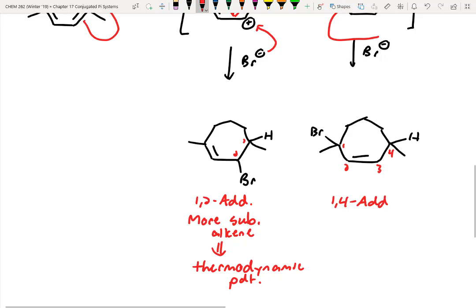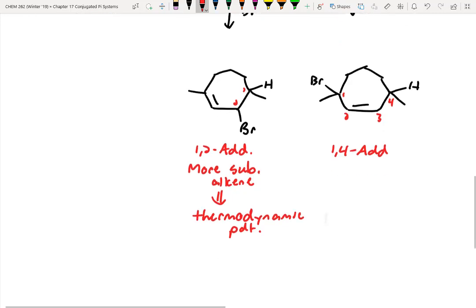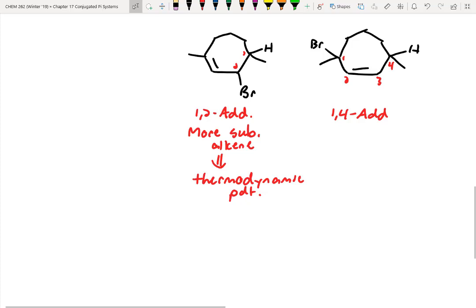All right, let's think about kinetics. Which one can be formed easier, meaning faster or with the lower activation energy? The one on the left? Why? Because the bromine doesn't have to float as far, right? So this one is the kinetic product too.